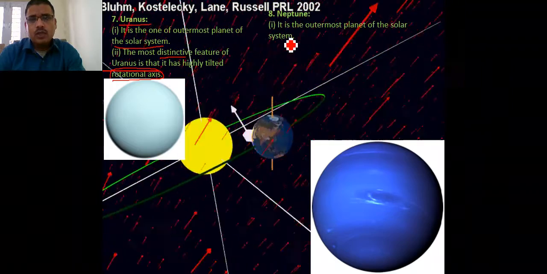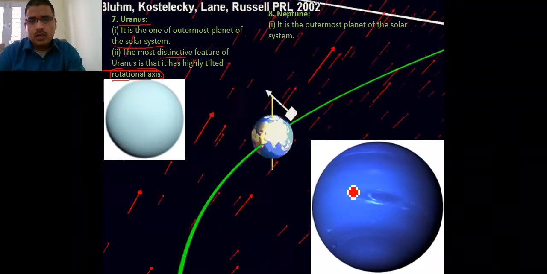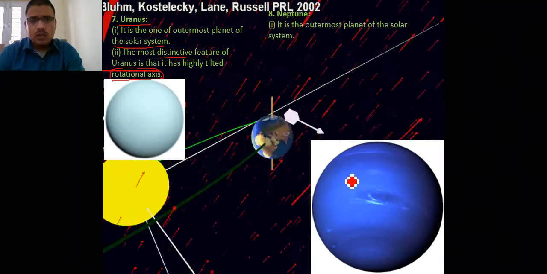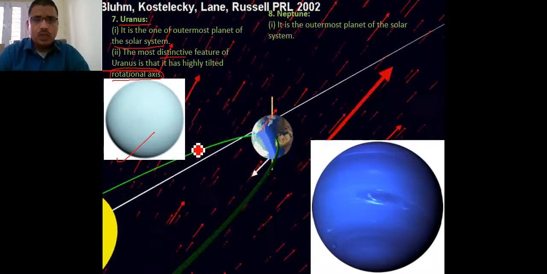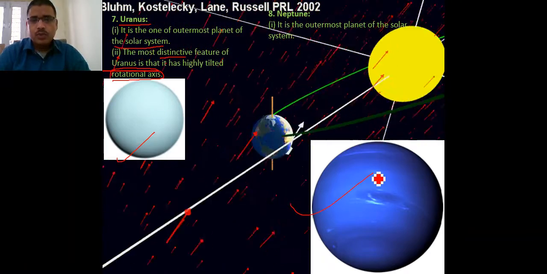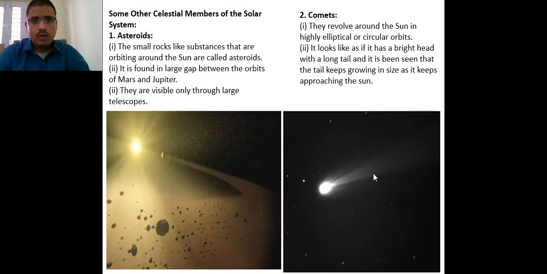This is Uranus, whereas this is Neptune.